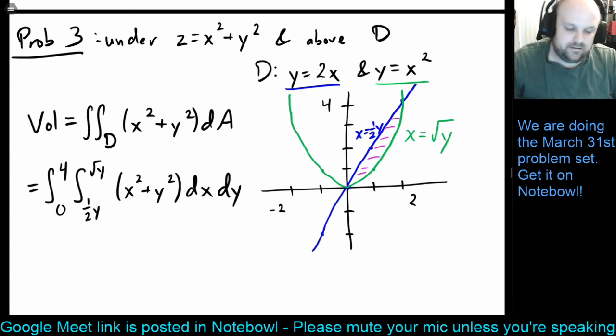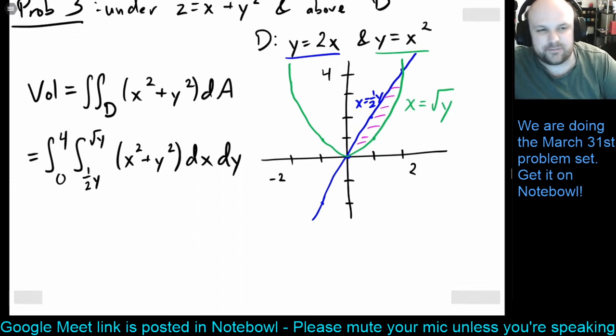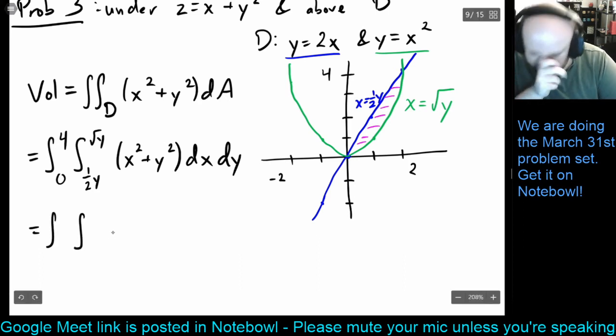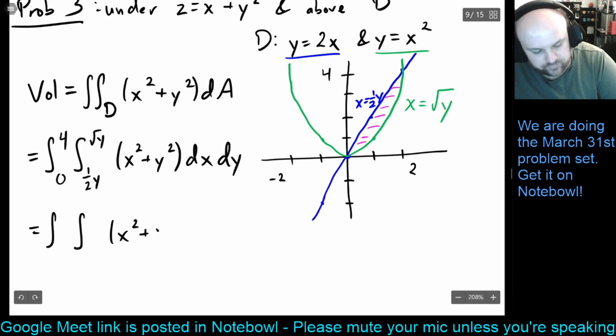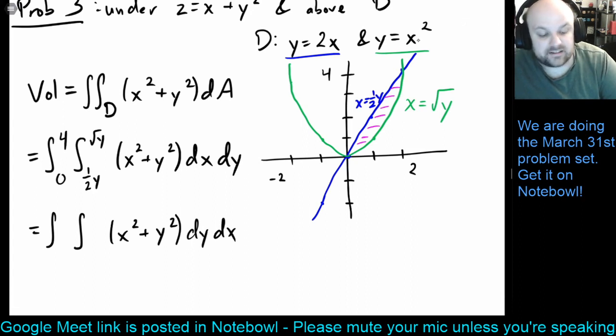I will say the bounds will look a little bit nicer if we had done y first. If we did y first, the reason it would look a little bit nicer is because we wouldn't have to solve these for x, and they're already solved for y.